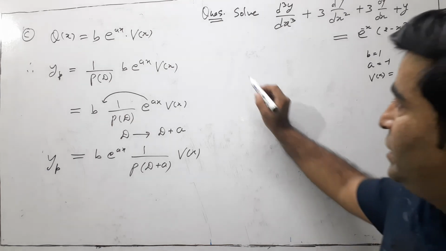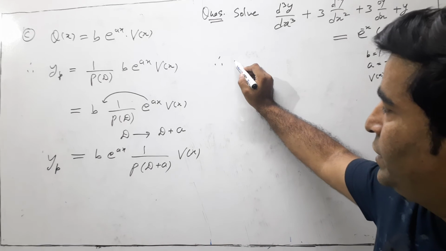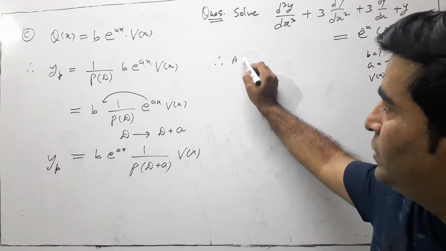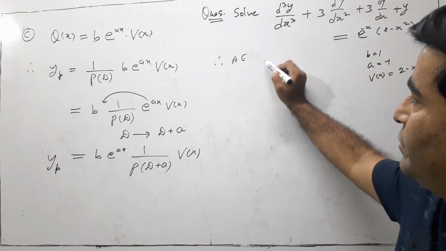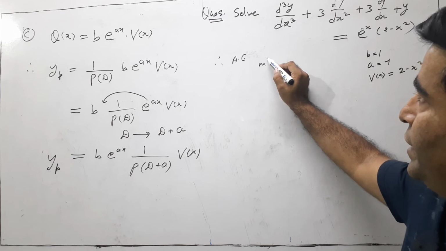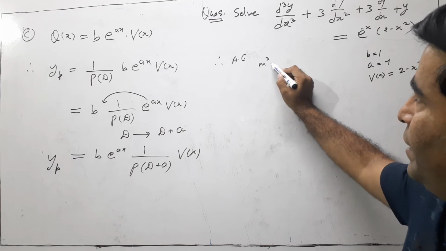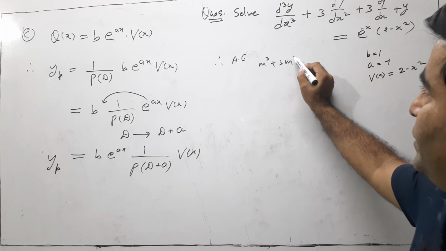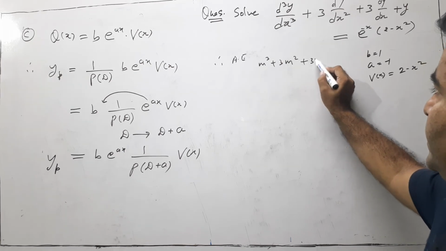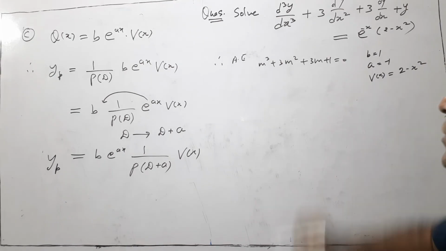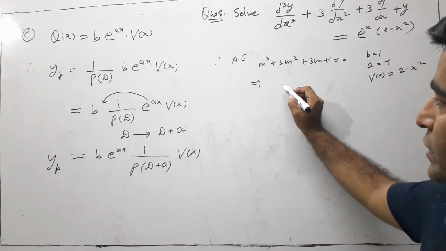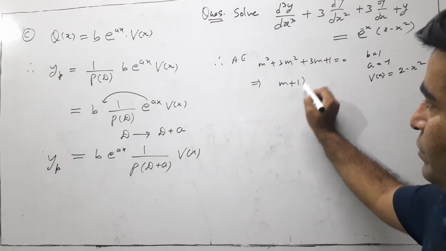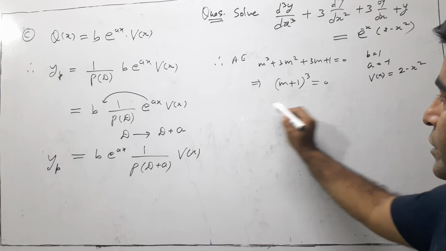First of all, we find the auxiliary equation, which is m cube plus 3m square plus 3m plus 1 is equal to 0, and it is clear this is (m plus 1) whole cube is equal to 0.